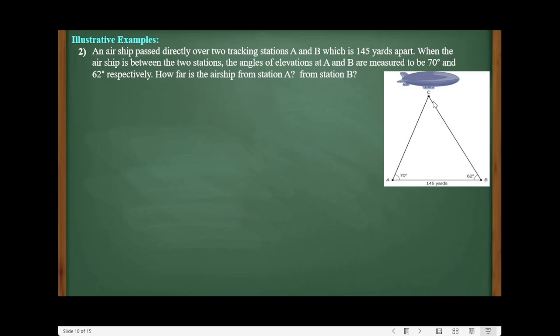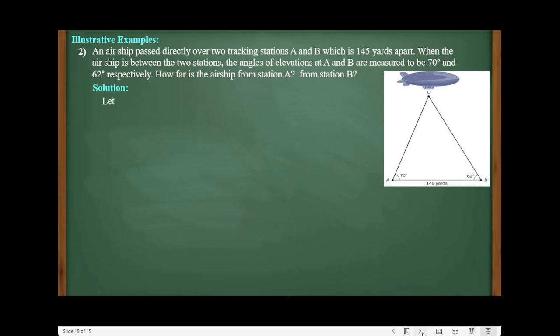Now, the two unknown sides are the distances of the two stations from the same airship. So basically, we're going to solve this oblique triangle, finding the measures of the two sides, although the problem is not asking for the angle formed by these two sides. Now, what do we do?